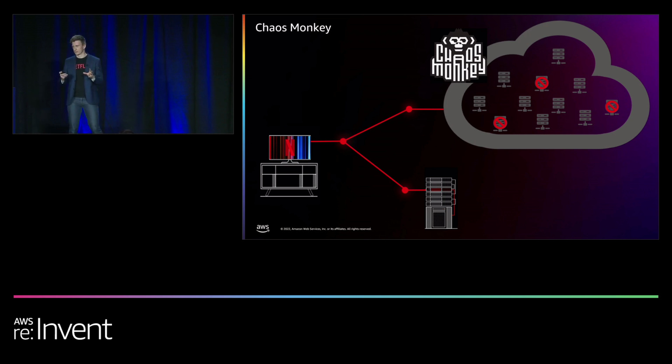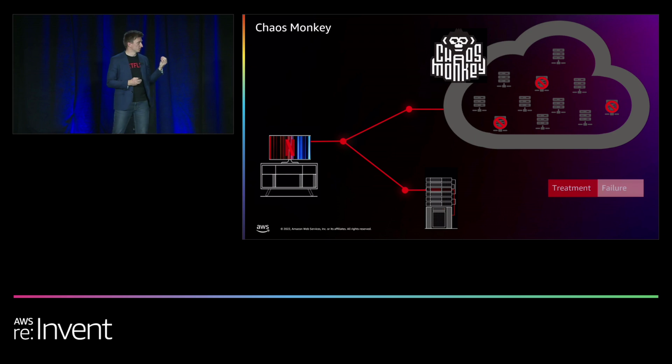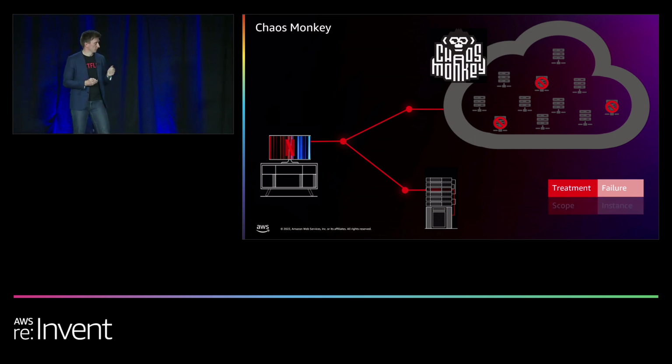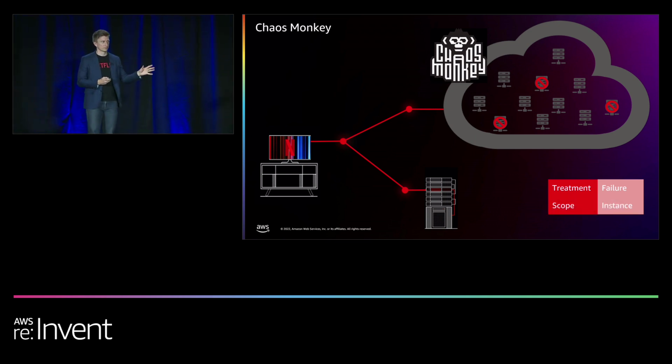It helped our services to build in that resiliency towards the nodes failing. And although it's a very crude tool, it has become a synonym of chaos engineering for many years. In chaos engineering terminology, we can categorize the treatment the Chaos Monkey is serving as a failure, and we say that that failure is scoped to an individual instance. And as you will see, we'll be using this terminology throughout this talk.